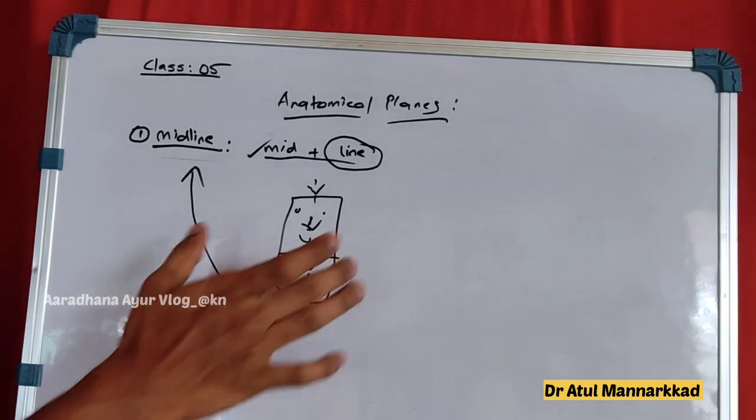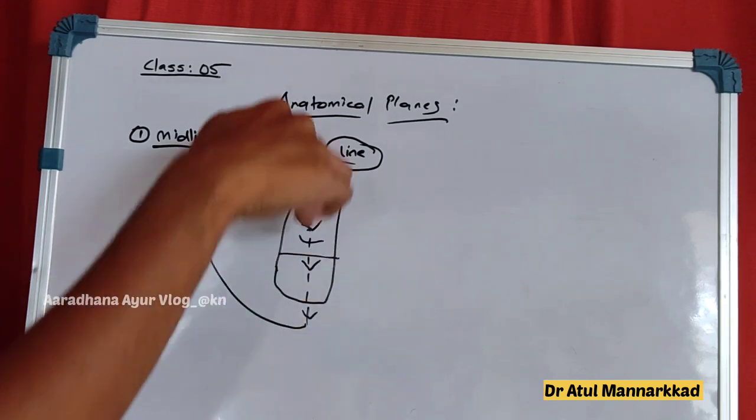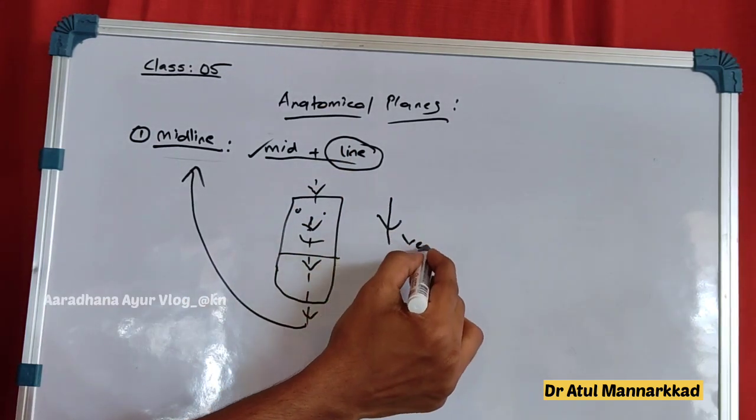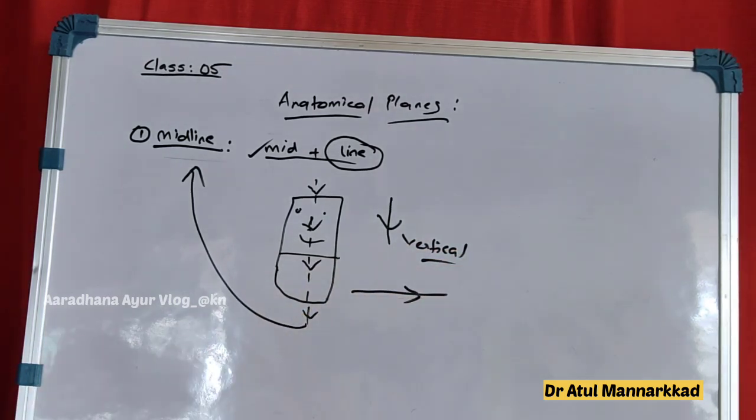Very easy. If you are considering this as a human body, it is a vertical line, as I told you in the previous video also, and this is the horizontal one.